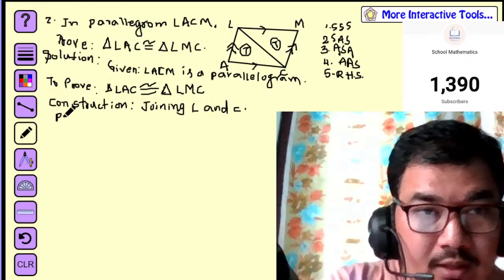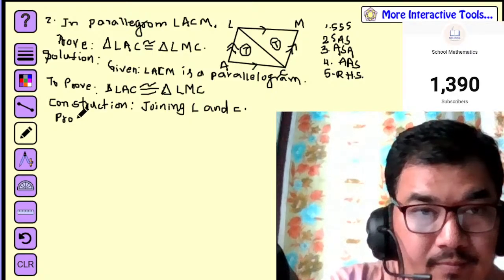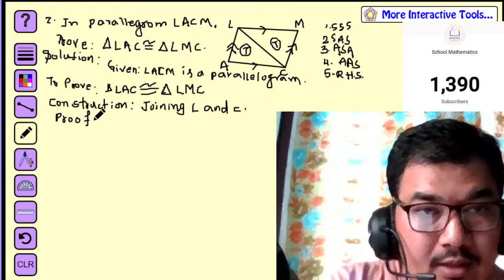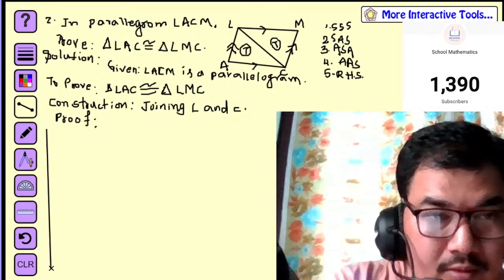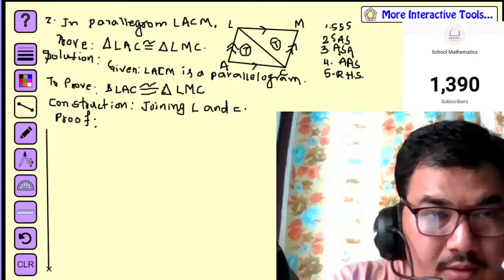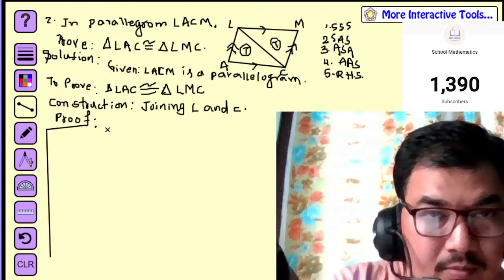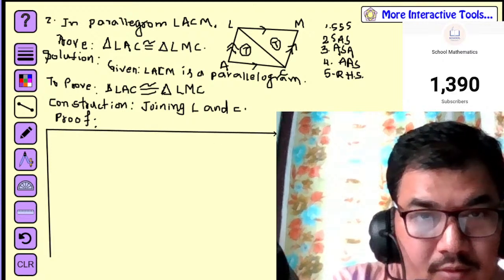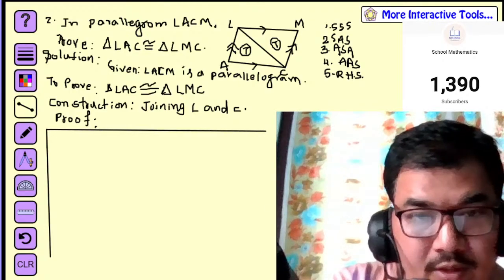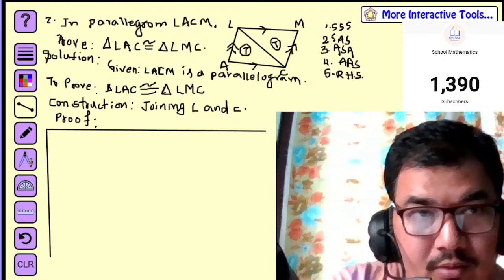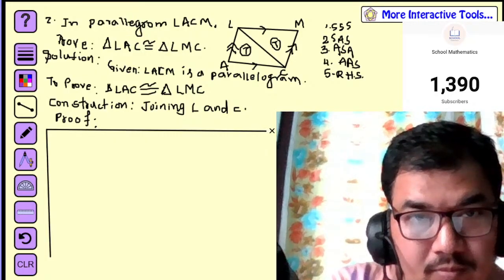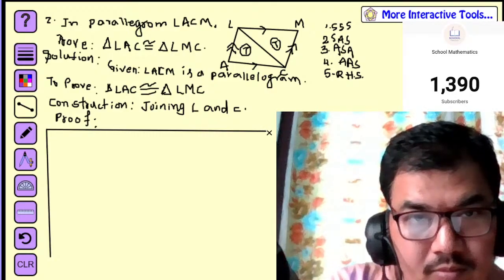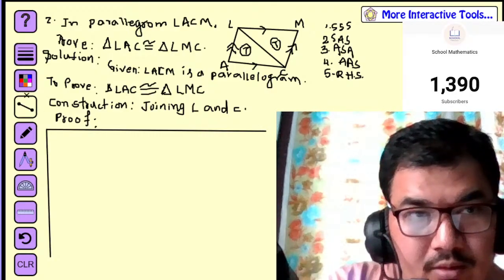Under this proof heading, we need to make two columns.